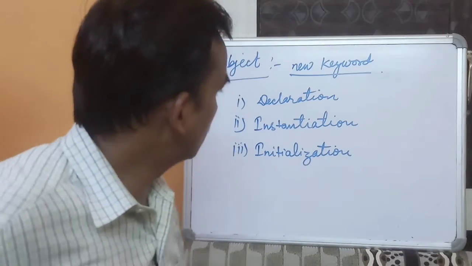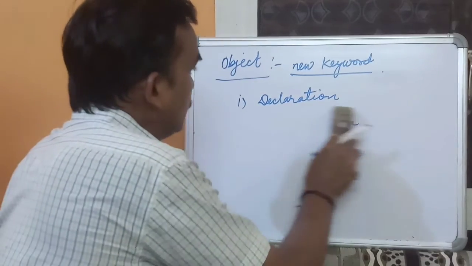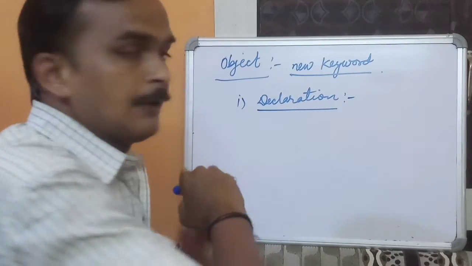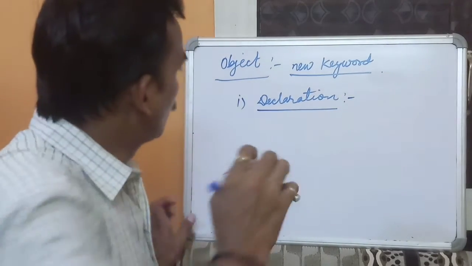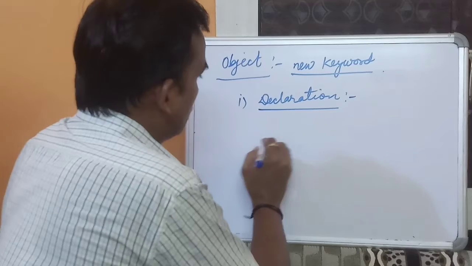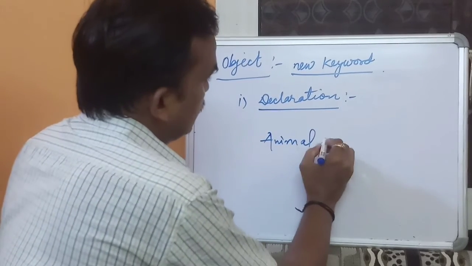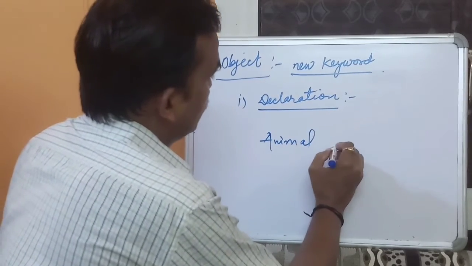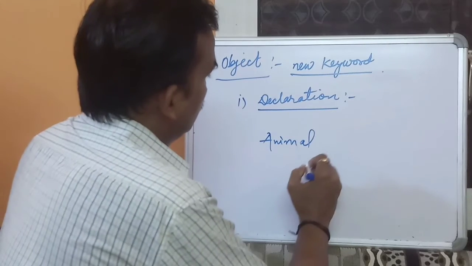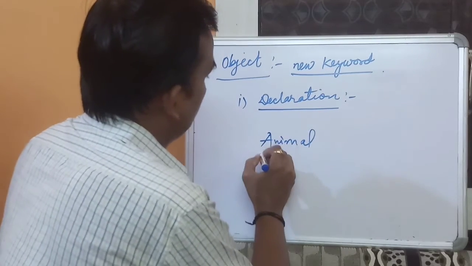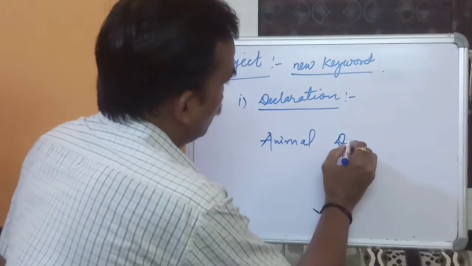First we talk about declaration. In declaration we use a reference variable. Suppose we have Animal, this is a class, and we write here any object name like dog.